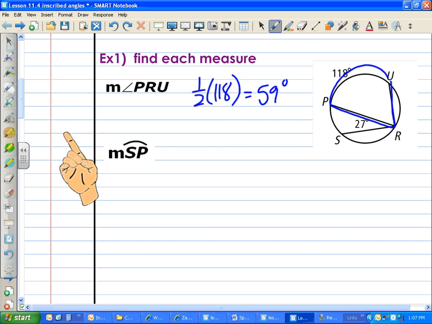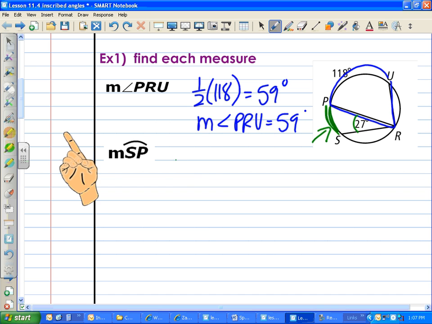And I should write it neatly, shouldn't I? There you go. Okay, measure of arc SP, that's this other part right here. So remember, now you do it backwards. If the angle is 27, then the arc is going to be double.